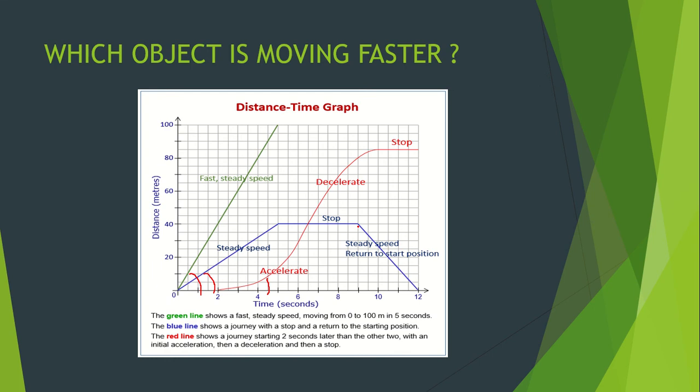Then again it starts moving, and this time the speed is again steady, and it returns to the starting position once again. So you can interpret the distance time graph in this manner. And the third one shows acceleration in the previous part, and later it shows deceleration, and then finally it stops, because you can see that there is no change in the position of the object.